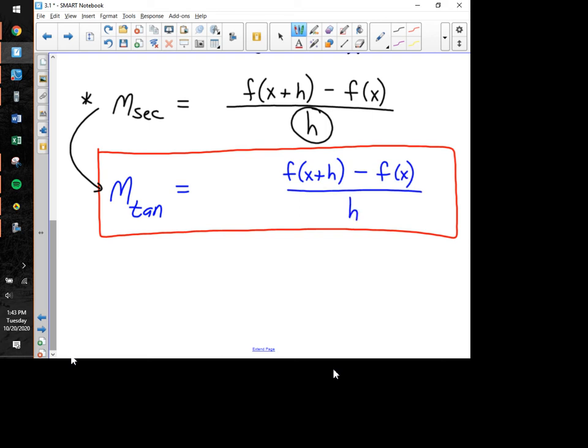That's the formula for slope of a secant, but we can make it become a tangent if we simply let our denominator, h, approach 0. I can't let h ever equal 0, but I can let h approach 0. And if we can figure that out, then boom, we've just come up with the formula, everybody, for the slope of a tangent.